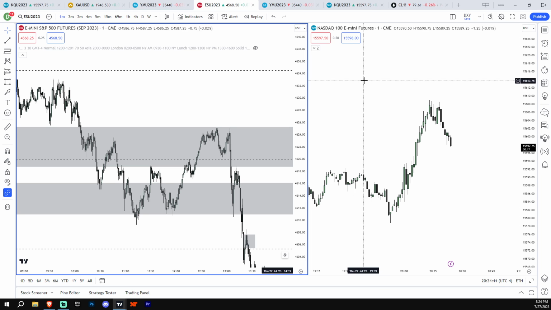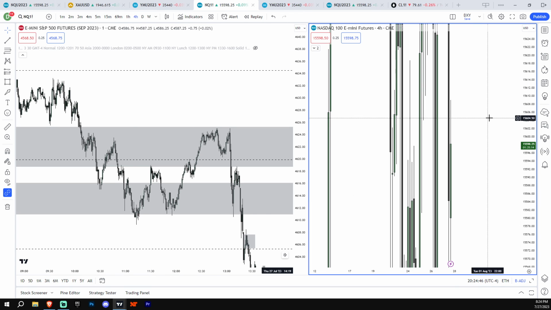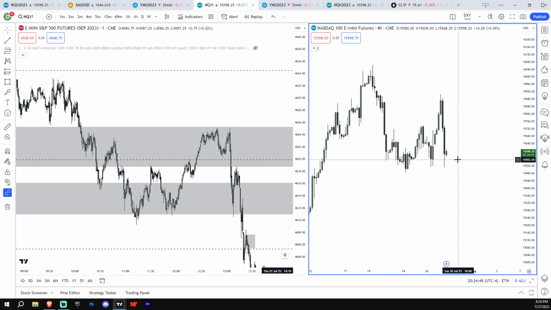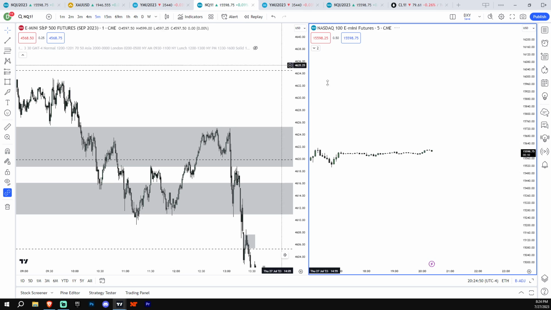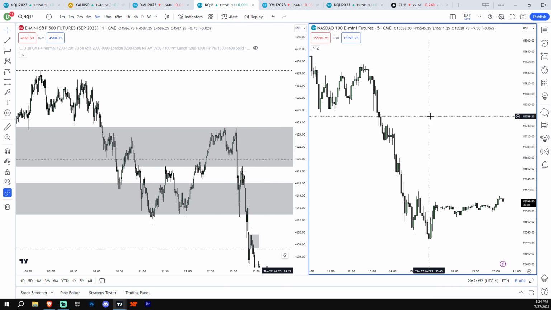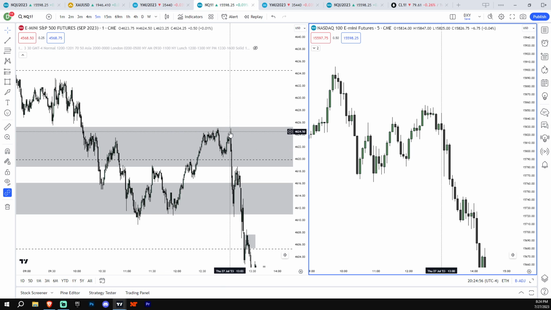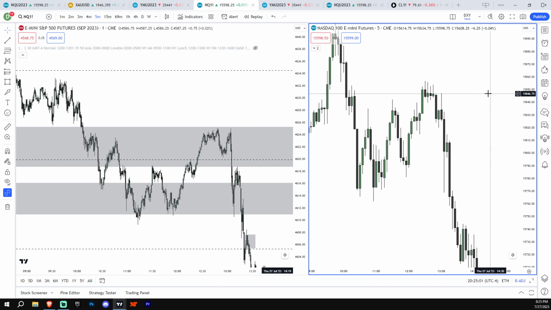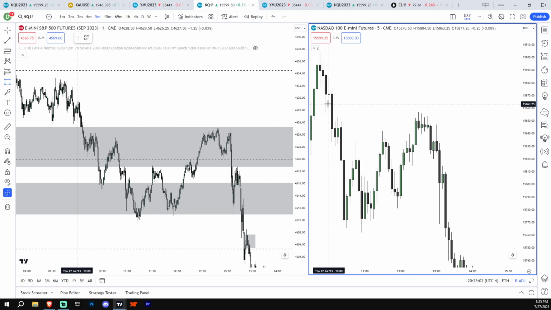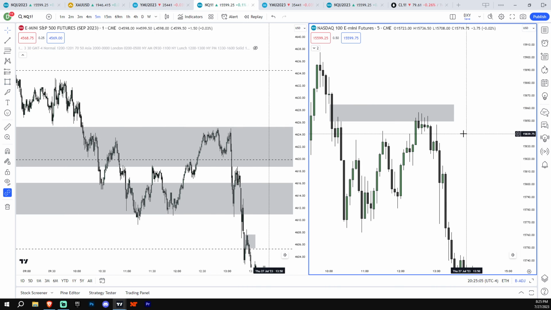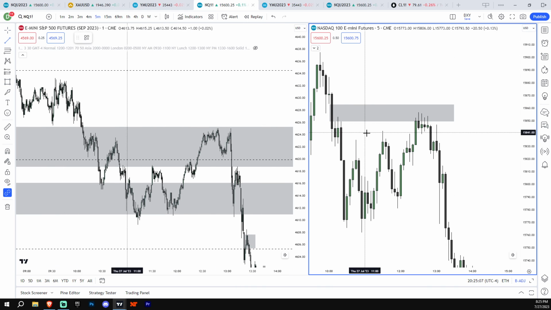And I'm actually going to use NQ for this example because I think there's a confirmation setup. If you look at NQ, you can see when ES was rejecting from this right here, at this time, NQ was rejecting from this fair value gap.